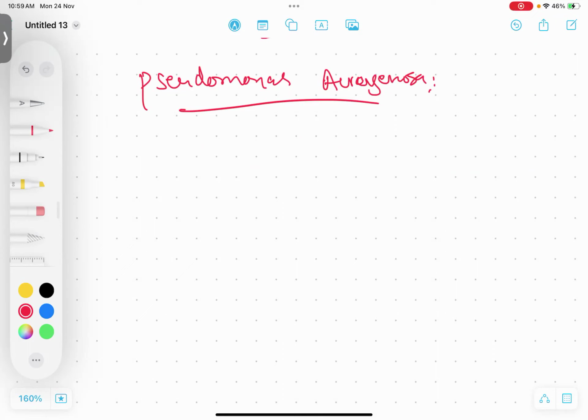So what are the important characteristics of Pseudomonas? Gram-negative rod, of course, and nosocomial. It's also oxidase positive. Is it lactose fermenting or non-lactose fermenting?